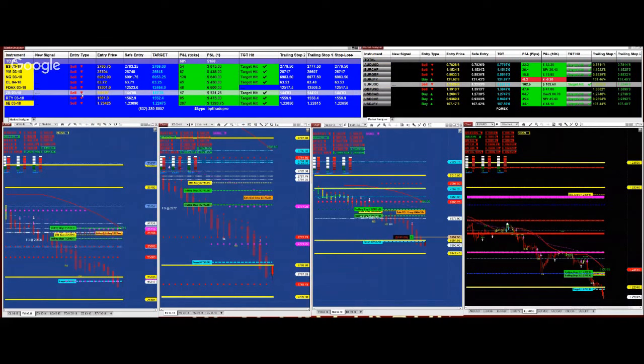The 30-year Treasury bond, I mean, this is really something else, because the 30-year Treasury bond should be working the opposite of the ES. And if you notice now, the 30-year Treasury bond is in the same direction as the ES. This is really confusing, because when the ES is down, the 30-year Treasury bond should be up.